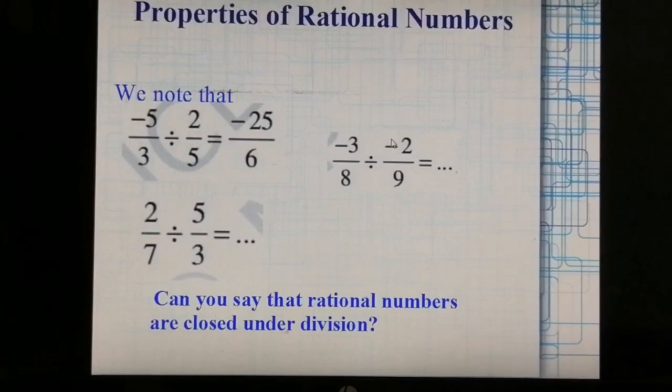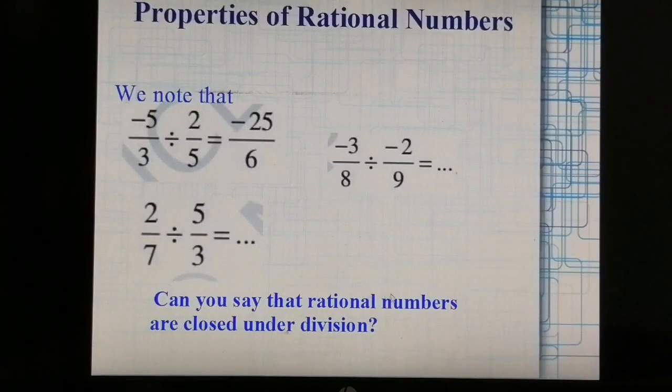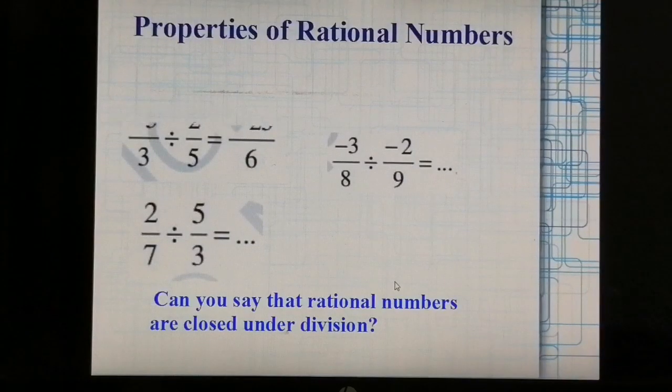Remember, only one example is enough to show that rational numbers are not closed under division. Means here, if the result is not a rational number, then the number system will not be closed under division. Okay, can you think?